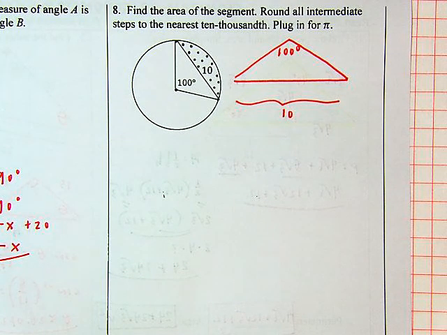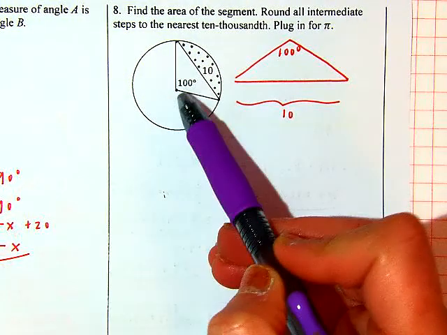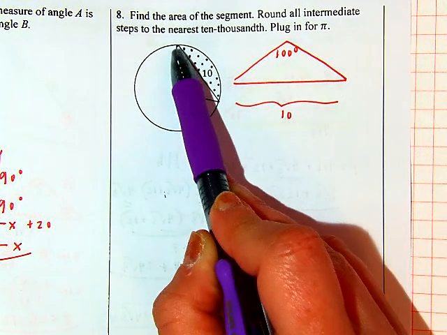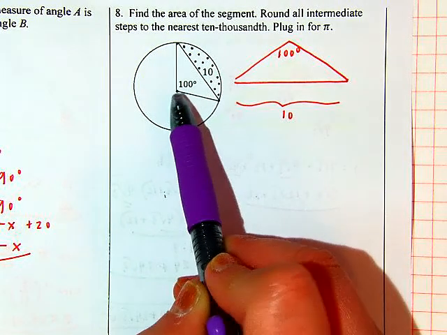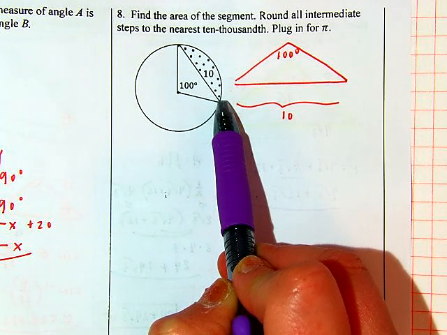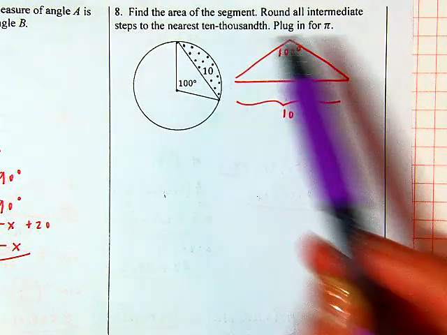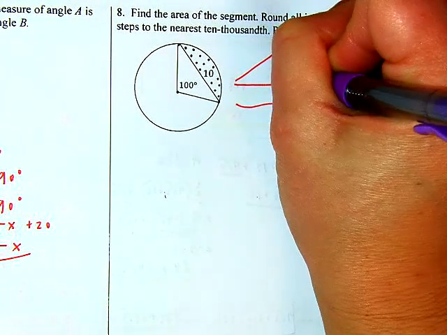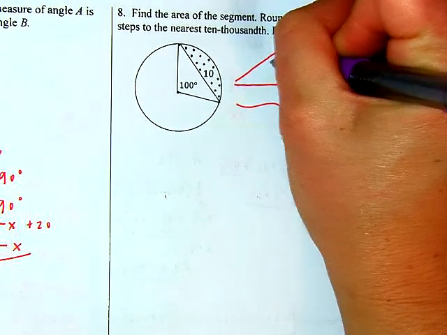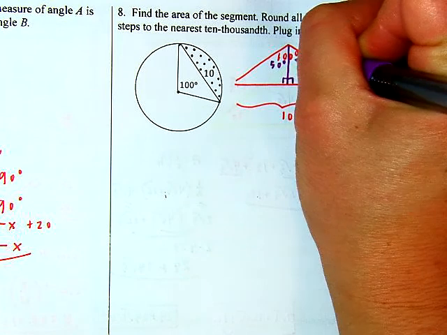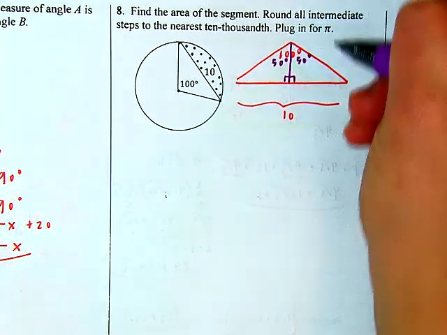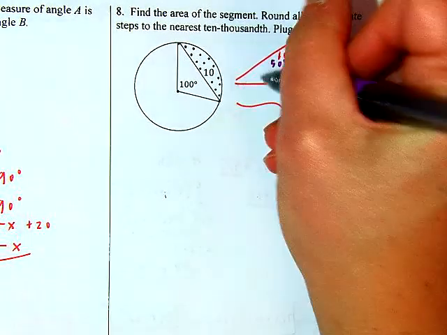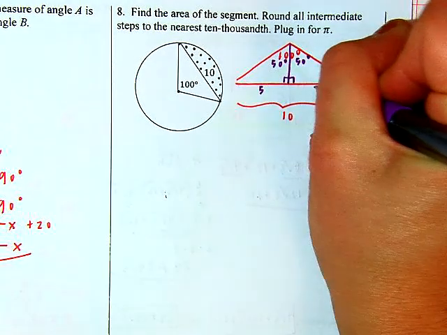Now, I can see that this triangle is isosceles because if I connect the center to a point on the circle, that's a radius. Center to a point on the circle, that's a radius. So I can split this isosceles triangle right down the middle and make this angle 50 and this angle 50. And then if this whole span is 10, this is 5 and this is 5.